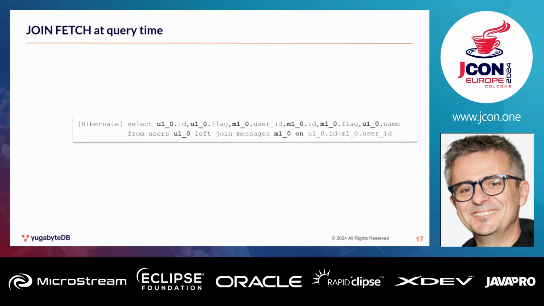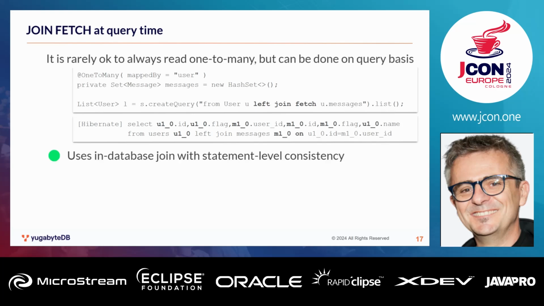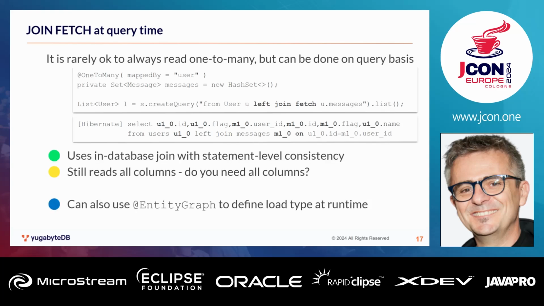So you can also mention the columns. So this is another way to do a join, and probably better. You don't want to do a join for all queries, but for specific queries, then you write the query with a join. But again, this one will read all the columns. So that's good, except that you read too many columns.